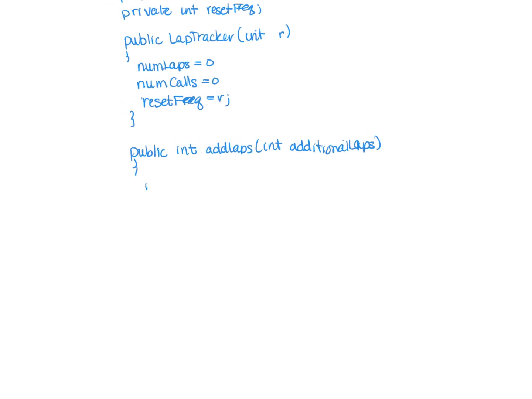So if our number of calls equals the reset frequency, we set everything back. So our number of calls is going to go back to 0, and our number of laps gets set back to 0.